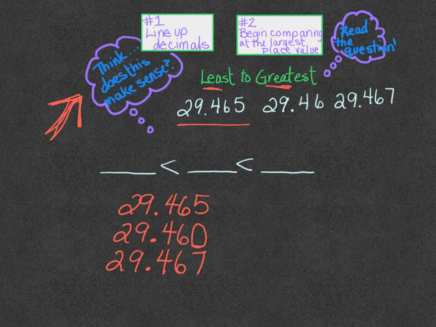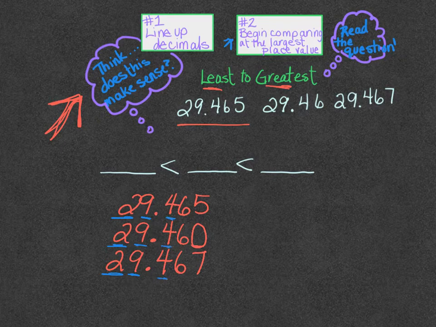So I'm going to begin by comparing the largest place value. My largest place value is the, say it out loud, the tens. So these, guys, they're all the same. Then we go on to the ones. There's a 9 digit in each of the ones. Now we're going to go to the tenths.